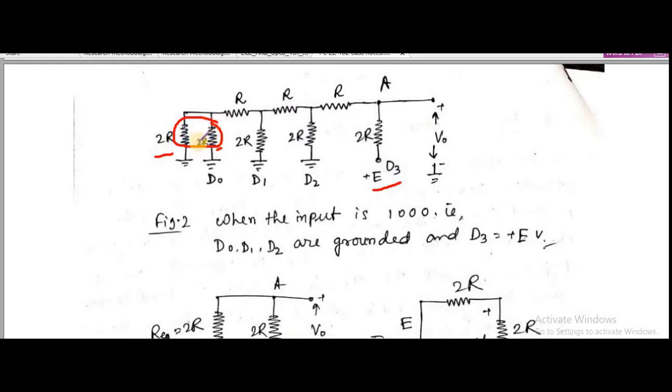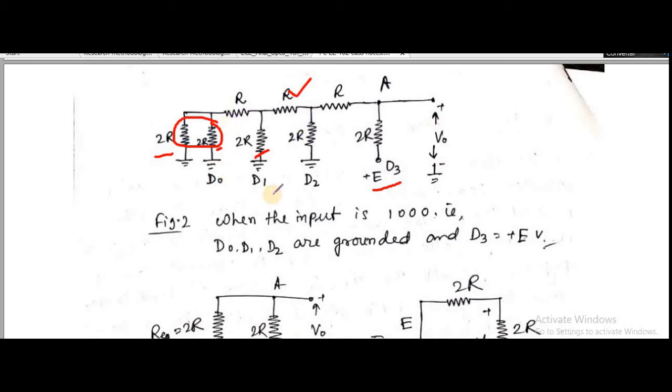Now this equivalent resistance is again in series with this R. So this R and this R are in series, and basically again constitute a 2R resistance. Then this 2R resistance is again in parallel with this 2R, so again the equivalent resistance will be R. Then this equivalent resistance is again connected in series with this R, and again it constitutes 2R.